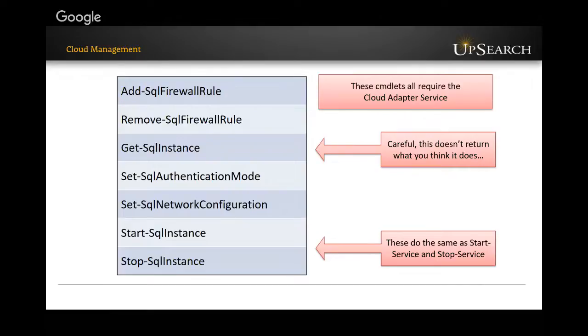Next up, a lot of these either don't do what you think they would do, or they do something that's duplicated elsewhere. So if we look at the first two, Add-SqlFirewallRule and Remove-SqlFirewallRule, I already have New-NetFirewallRule, Set-NetFirewallRule and Remove-NetFirewallRule. I already have core PowerShell commandlets to manage my firewalls, and they're actually more detailed.